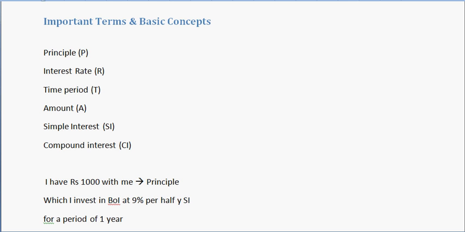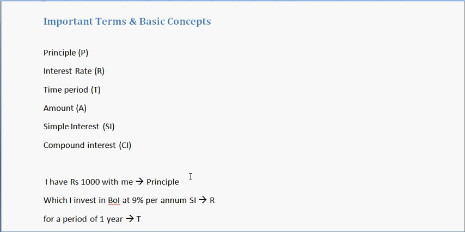This means that if I invest 1000 rupees for 6 months, I would get 9%, which means if I invest for 1 year, I would get two cycles of 9% and 9%. But in most of the questions you would find the interest rate given to be per annum. So this is the interest rate, which is equal to R, and finally this is the time period.